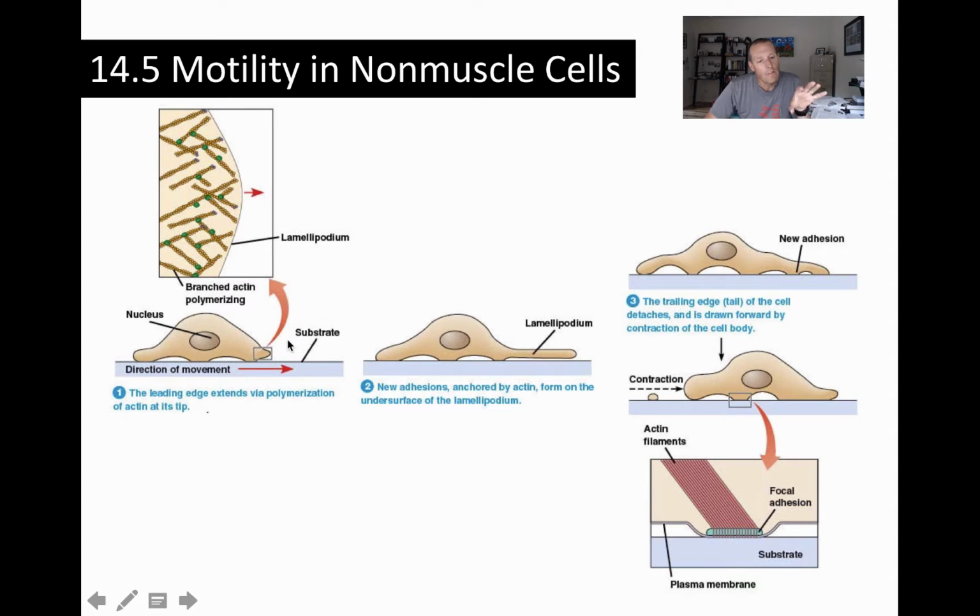The proteins involved in these attachments are called integrins. Inside the cell the integrins are attached to actin filaments via a whole bunch of linker proteins, and then the integrins are attached on the outside of the cell to the substrate, to whatever the cell is crawling on.